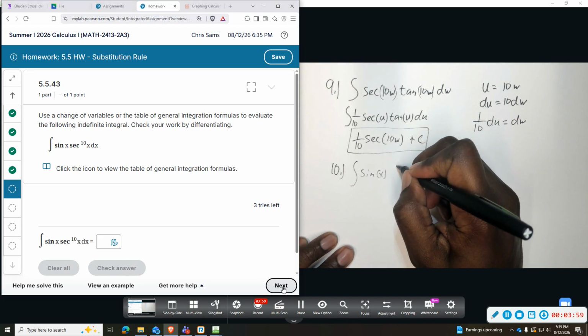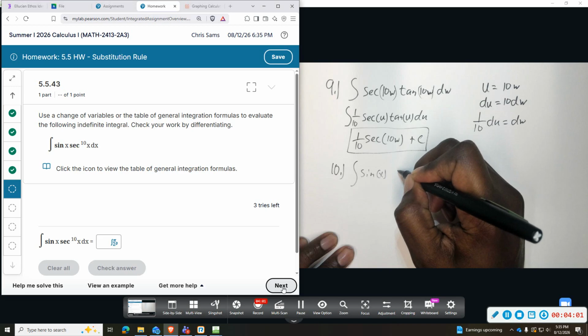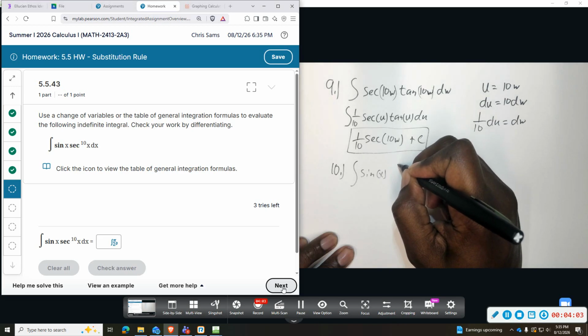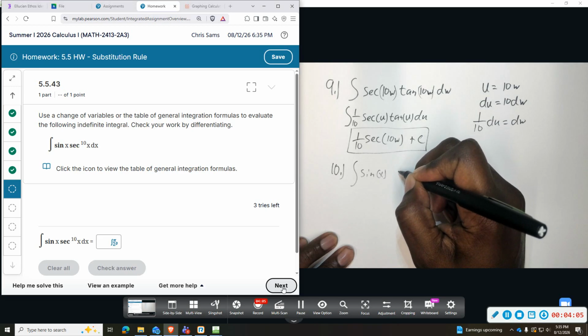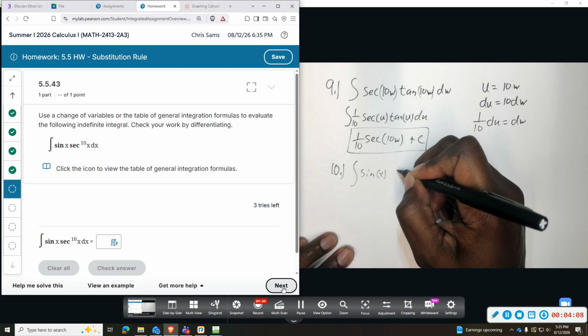So let's write it like that, because we don't want it to be equal to secant or sine. So let's say, well, would that help us out?